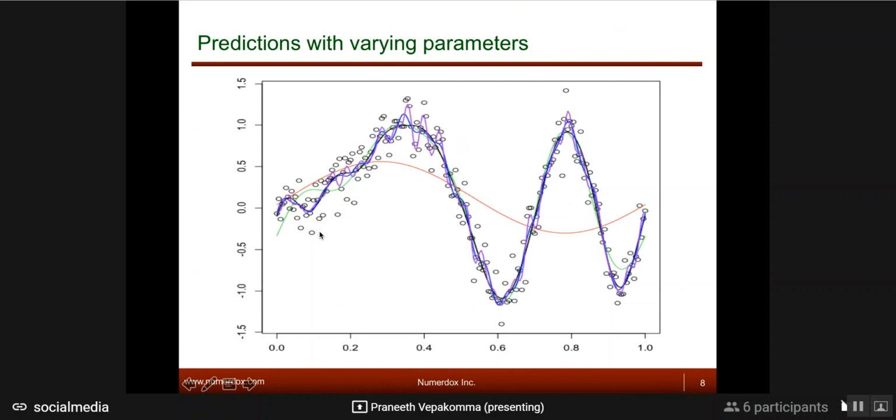And the question is, if these circular black points are my data set, for example, that's what I want to predict. There are a lot of curves in here, this tight patch that is going reasonably through the data. Then there is this violet one that's going even more through the data, as it's trying to touch every single data point.